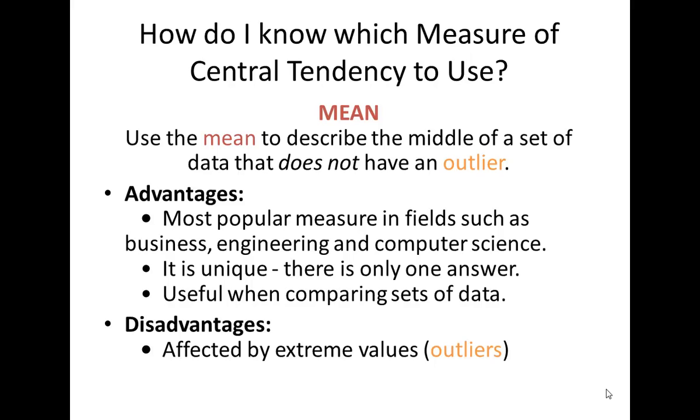It is unique. There is only one answer. And it is useful when comparing sets of data. A disadvantage to using the mean is that it is affected by extreme values or outliers. You should pause the video and record this information in your notes.